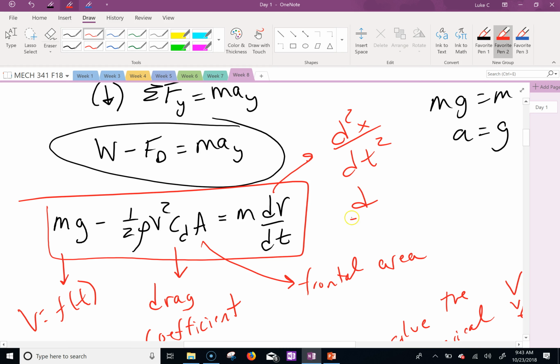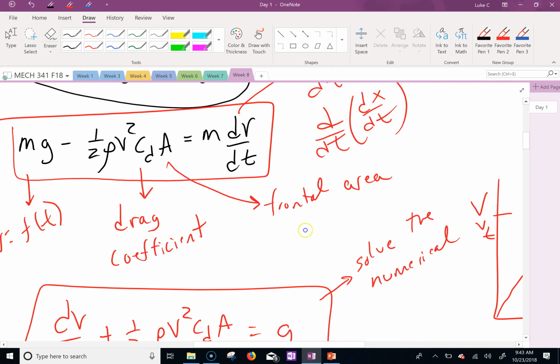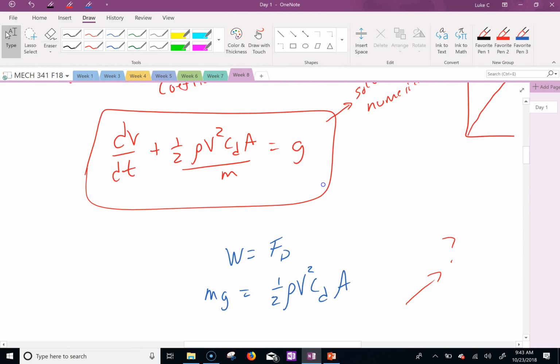Because you're taking the derivative of dx/dt. Okay? That's what that means. All right? Where dx/dt is v. Okay? You see how that's why you write it like that? I don't know if you've ever been taught that way, but that's how it was. Okay. So there's that differential equation.